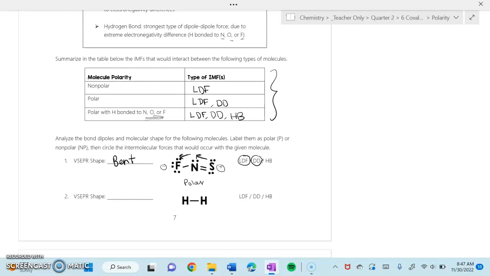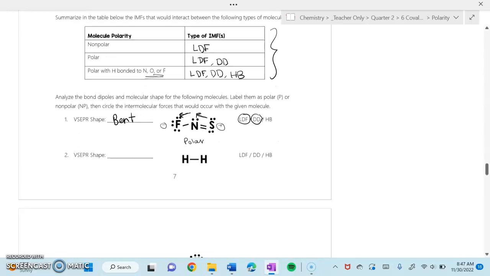A couple of things I see students incorrectly label as hydrogen bond: anytime there's a hydrogen, they assume hydrogen bond, but it has to be with one of these three partners. And the other one is what I just talked about, seeing the partners but no hydrogen and assuming it's a hydrogen bond. Make sure you have both components there.